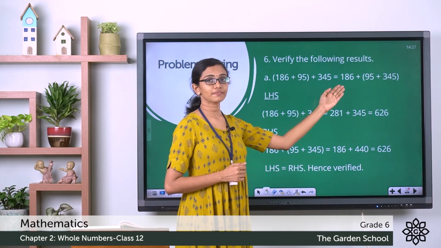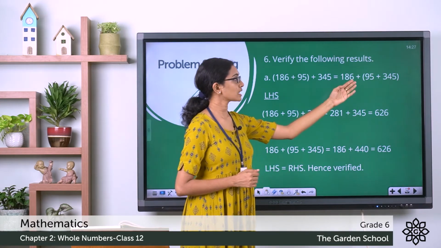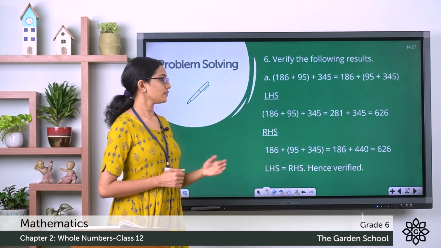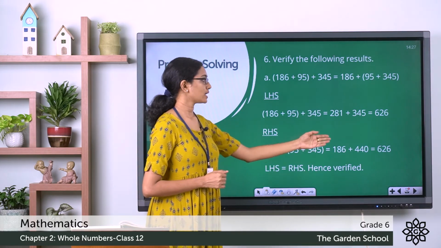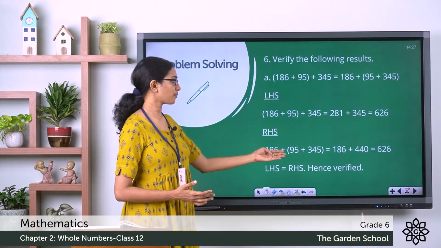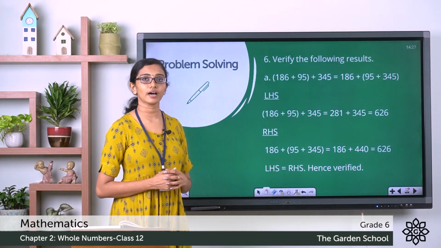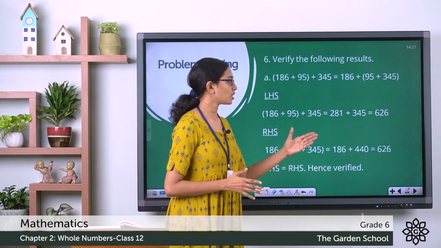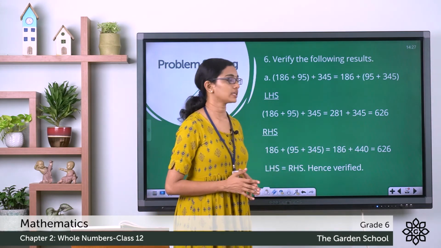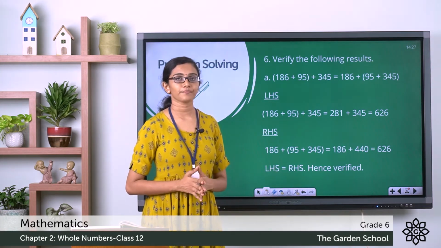On the right hand side we have got 186 plus the sum of 95 and 345. So that is equal to 186 plus what is the sum of 95 and 345? It is equal to 440. So that gives you a final sum of 626. We got the same sum.